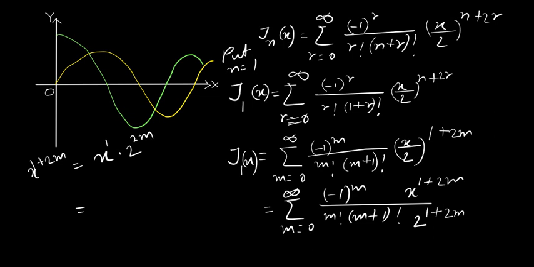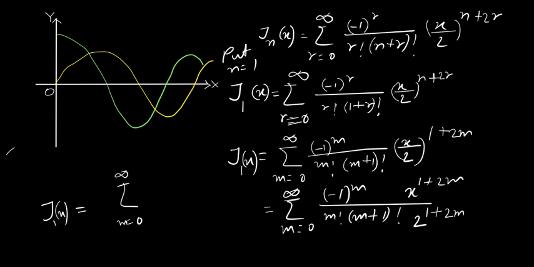So J_1(x) equals x by 2 times summation m equals 0 to infinity of (-1)^m x^(2m) by factorial m into factorial (m plus 1) into 2^(2m).